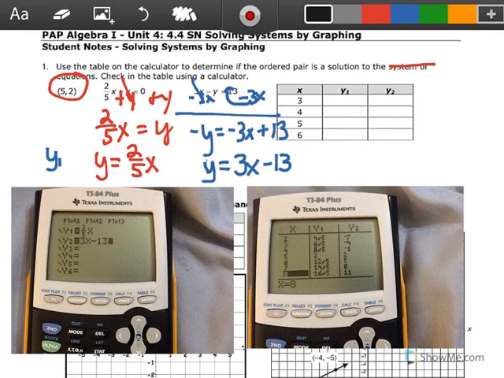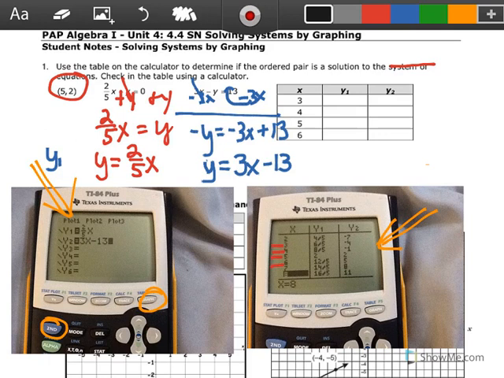So I took a picture of my calculator where I put my two equations into y equals, and you can see that right here. And then I use second graph to go to the table, and here's my table here. So let's go ahead and fill in the points that we're asked to. We're supposed to do 3, 4, 5, and 6.